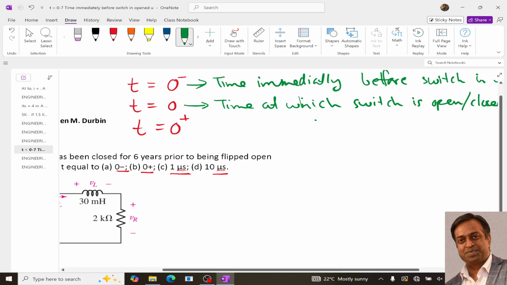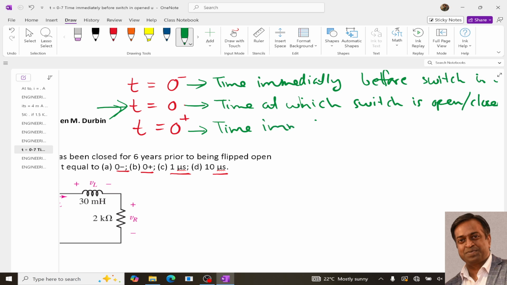Immediately means it may be like 1 picosecond or nanosecond before this time, a very minute time before t equals 0. Similarly, 0 plus is the time immediately after the switch is opened or closed.